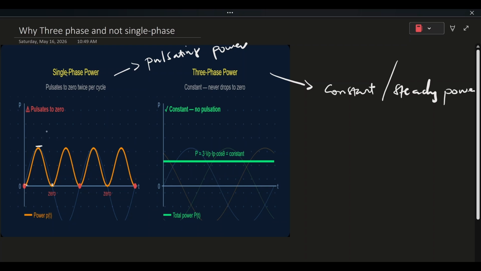Remember, power P is equal to I times V. As current and voltage increase to this point, we have maximum power produced. Then it decreases again to this point. That increase and decrease is what we refer to as pulsating.